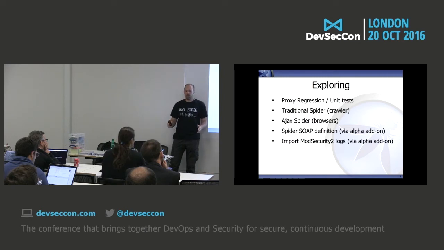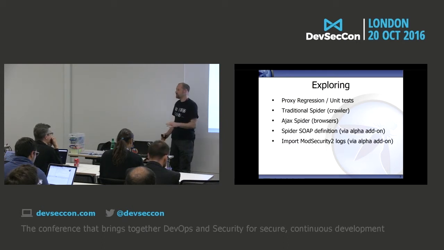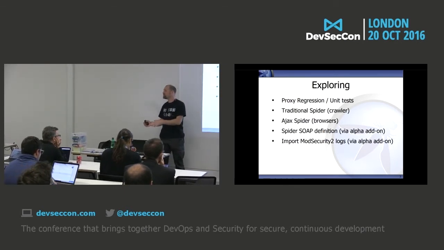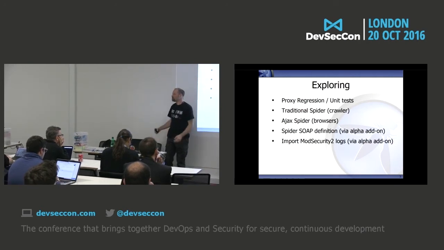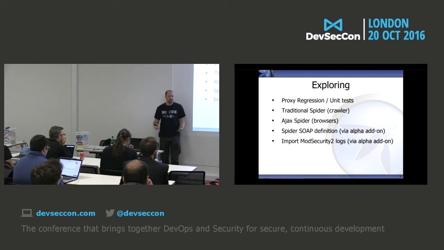So if you have Selenium tests or anything else which make real requests to your service, then use those. Hopefully, if you've got a comprehensive set, then they will explain to ZAP how you expect the application to be driven, and then ZAP can use those and manipulate those requests and do some bad things. But it means you're much more likely to explore the full amount of the application.